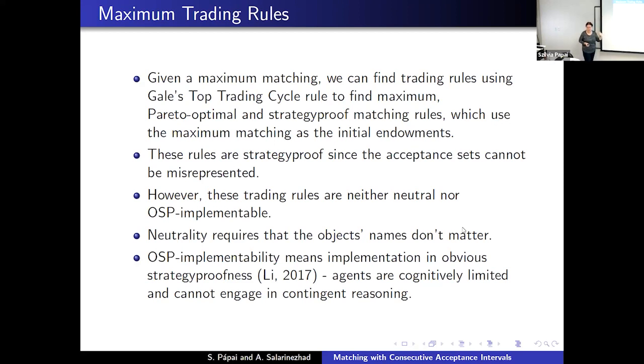We remove them and then we keep iterating that. Okay, so this would actually give us a maximum, Pareto-optimal matching, and the rule itself is going to be strategy proof. In fact, group strategy proof, which is a stronger property: even groups cannot manipulate. So this is pretty nice, but that's not what we wanted to focus on.